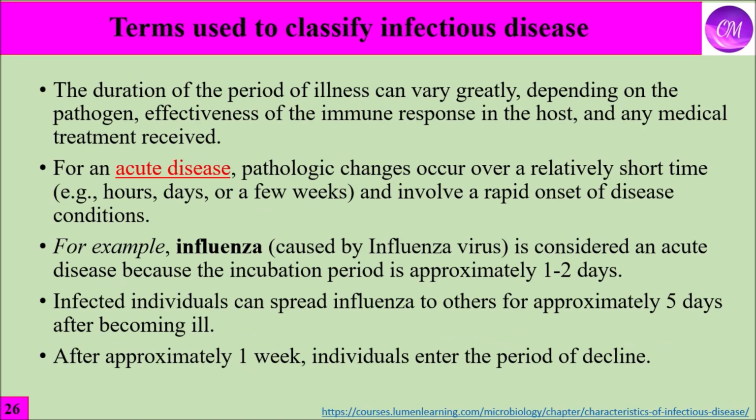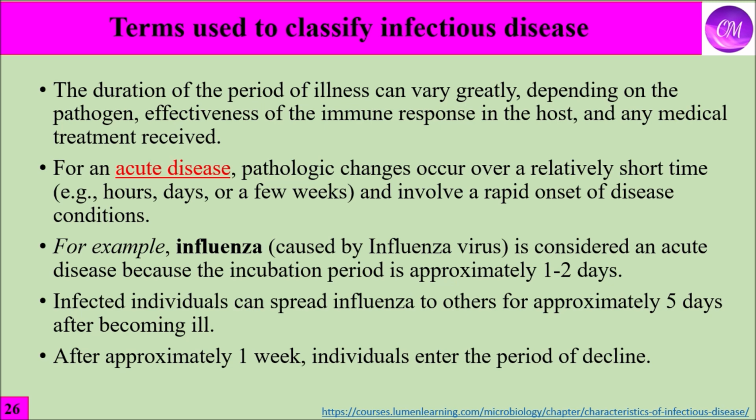And now let's discuss some terms used to classify infectious diseases. The duration of the period of illness can vary greatly depending on the pathogen, the effectiveness of the human response in the host, and any medical treatment received. For an acute disease, pathologic changes occur over a relatively short time, hours, days, or a few weeks, and involve a rapid onset of disease conditions.